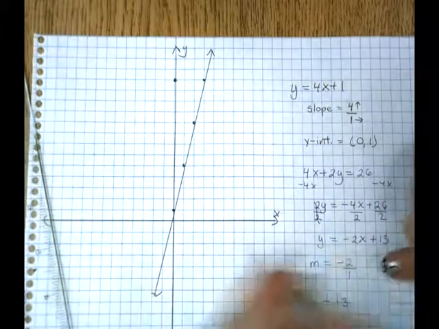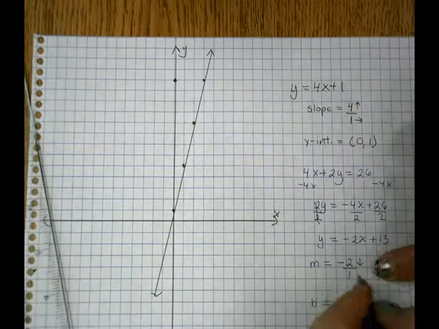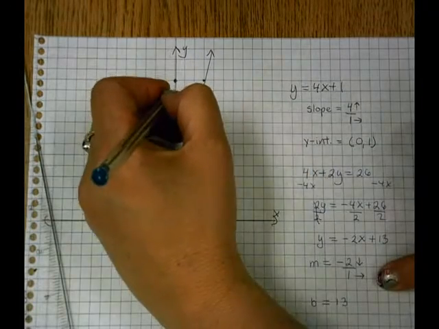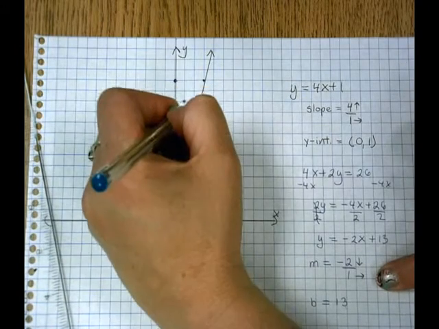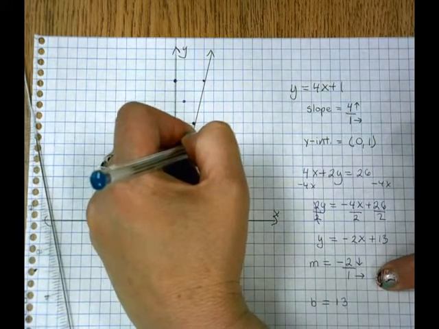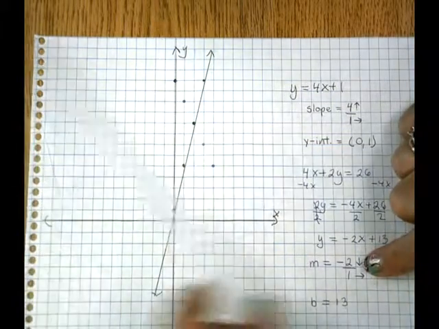There's my first point on my line. My negative 2 tells me to go down, and my positive 1 tells me to go to the right. So I'm going to go down 2, right 1, down 2, right 1, down 2, right 1, and I'm just going to do it a couple more times. And then I'm going to draw my line.